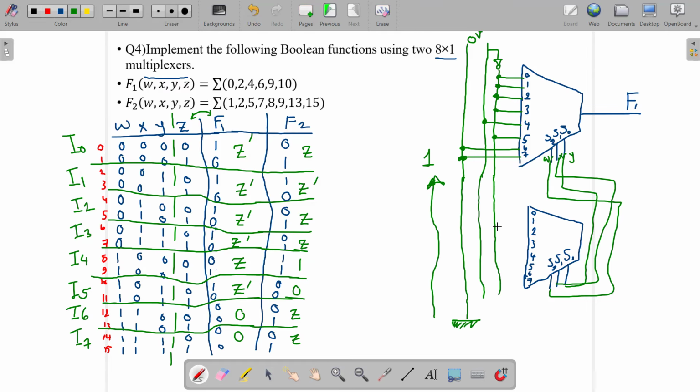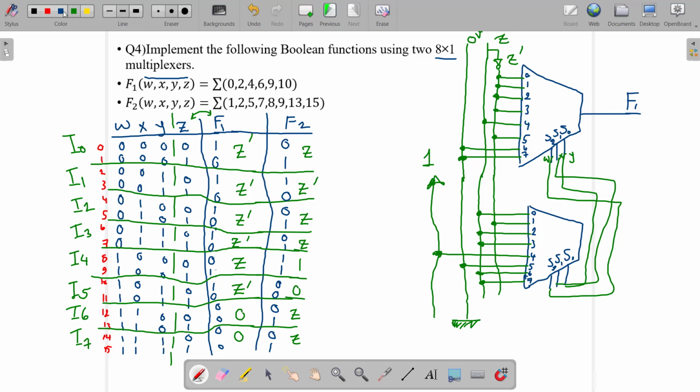Now again, for the I0 we have Z, for the I1 we have Z prime, for the I2 we have Z, for the I3 we have Z, for the I4 we have 1, for the I5 we have 0, for the I6 and I7 we have Z. So if you write here Z, here is equal to Z prime, I connect this one as 0 and this one as 1.